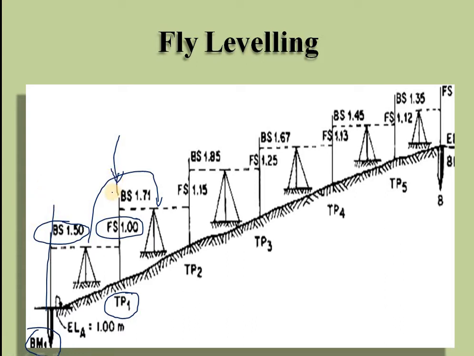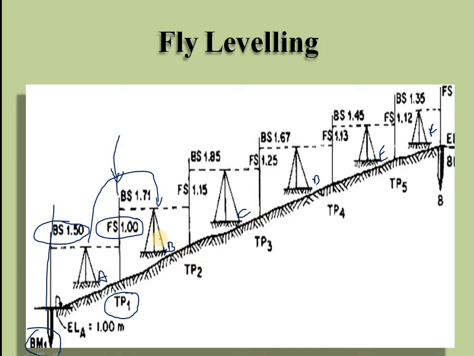Again, while we are shifting to another point, name it as station A, station B, station C, station D, station E, and station F. So in total we have 6 stations, 6 instrument positions shifted on the points.